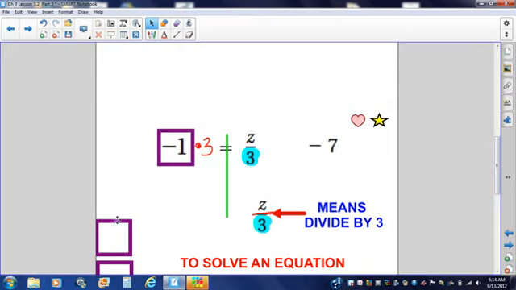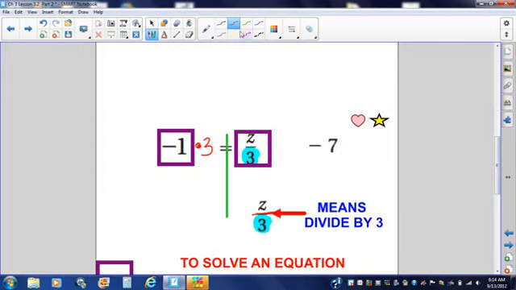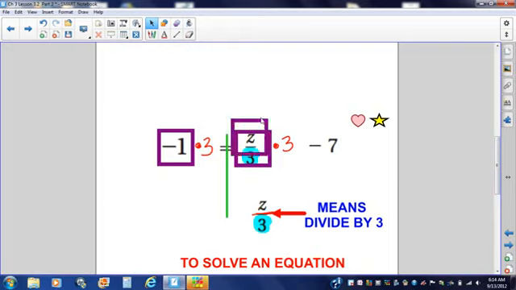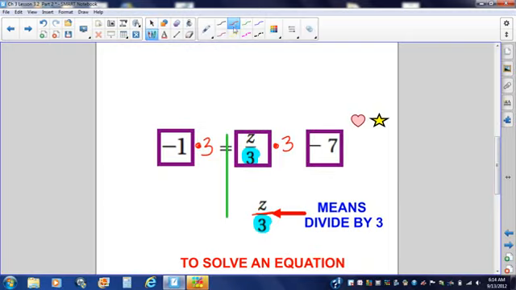I'm going to multiply every term by 3. So I multiplied every term by 3.